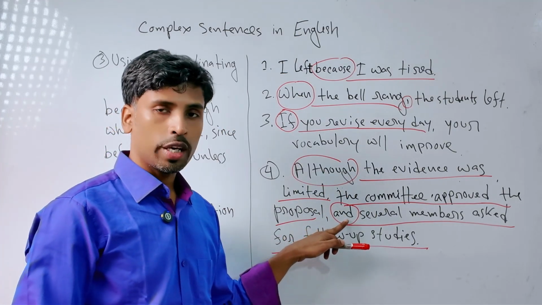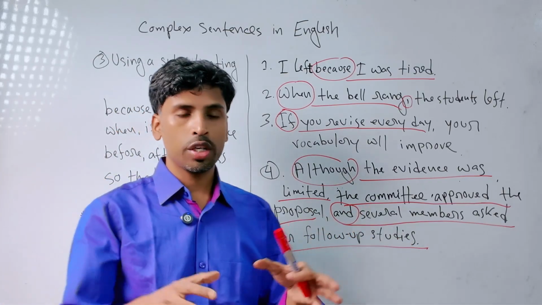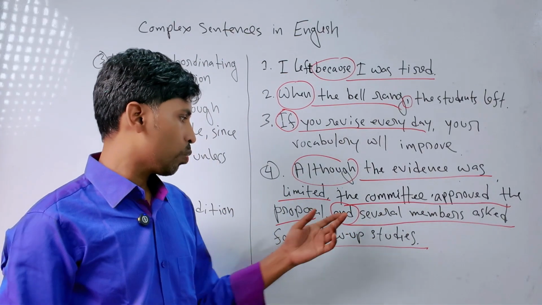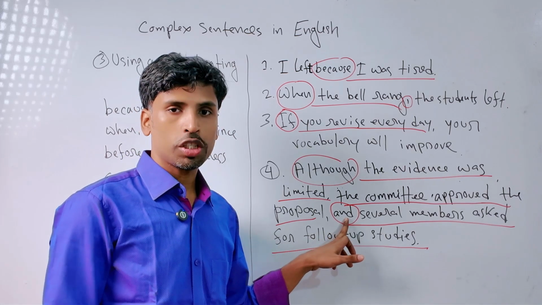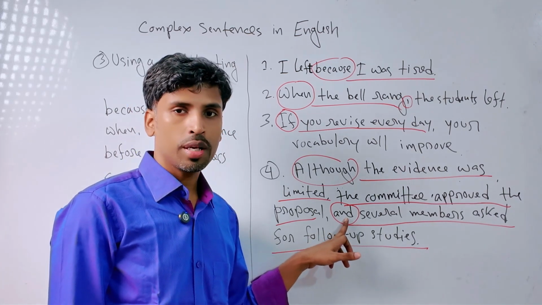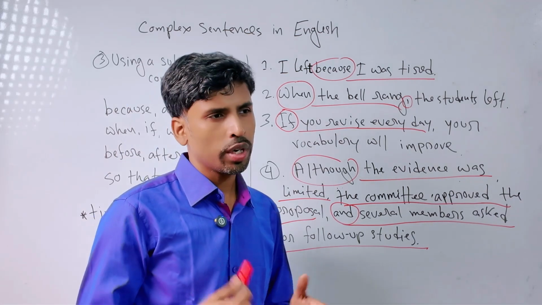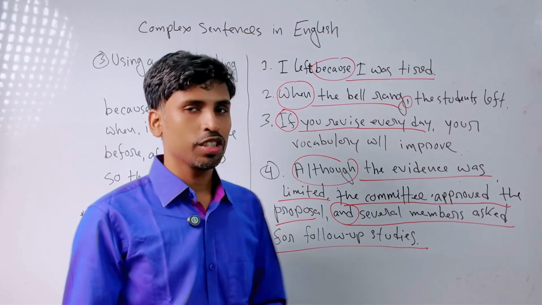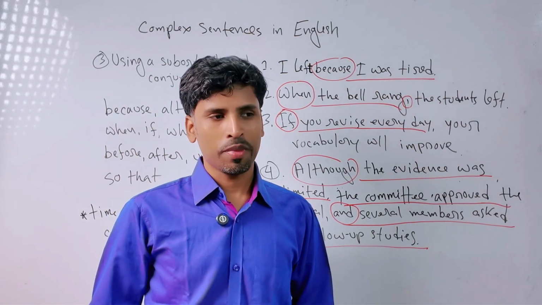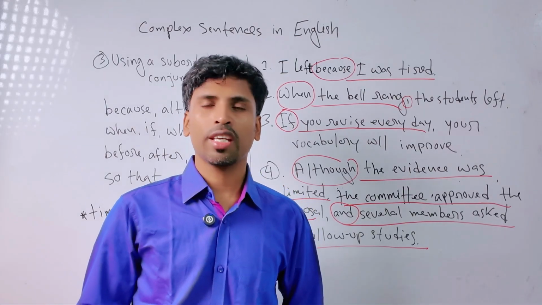If you use a coordinating conjunction to join two sentences together, then it will become a compound sentence. Coordinating conjunctions are like and, but, so. Coordinating conjunctions are not many in number, but subordinating conjunctions, oh my god, there are many. I think at least 50.